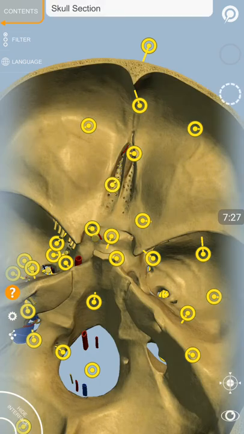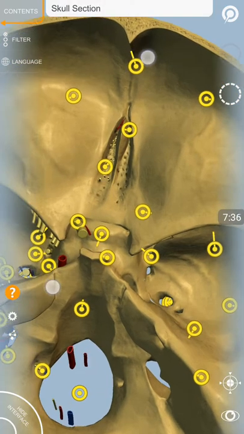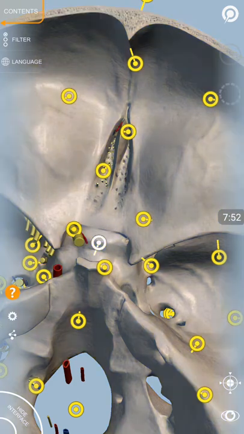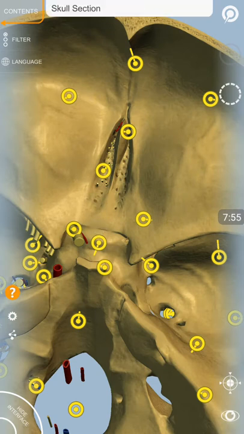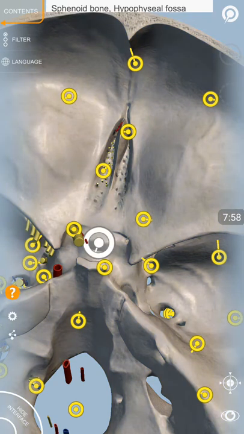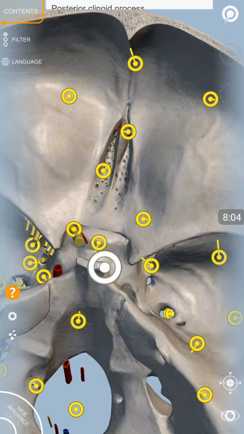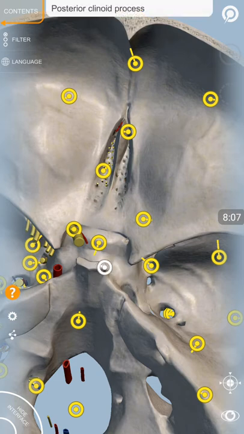On either side we have the cribriform plate where the olfactory nerves are present on top of it, and if I zoom in you can see small nerves coming out of these foramina, and they join the olfactory bulb to make the olfactory nerve. Then in the midline we have the tuberculum sellae, then the sulcus chiasmaticus where the optic chiasma lies, then the hypophyseal fossa, and then most posteriorly the dorsum sellae.